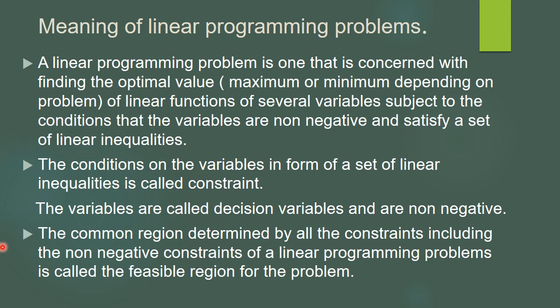The common region determined by all the constraints, including the non-negative constraints of a linear programming problem, is called a feasible region for the problem. To get this common region, we plot the graph, and the region which is satisfied by all the conditions is called the feasible region.